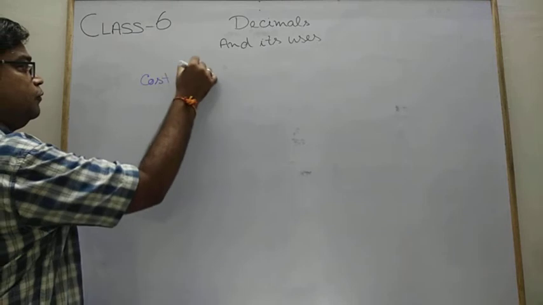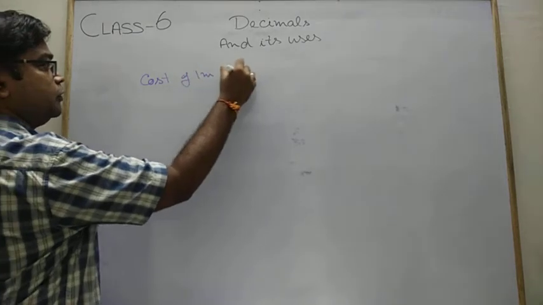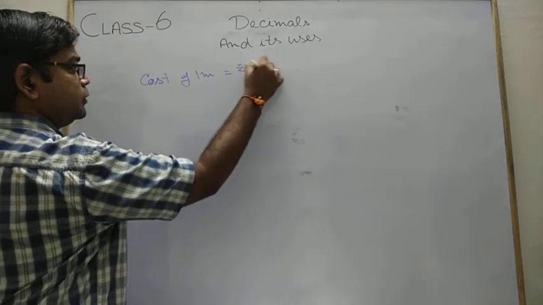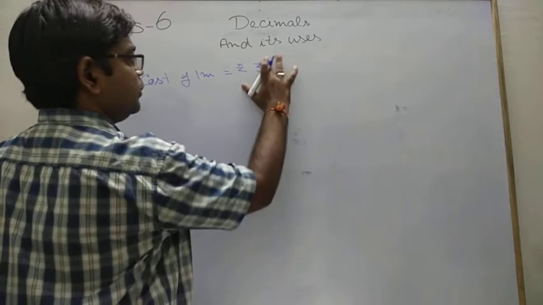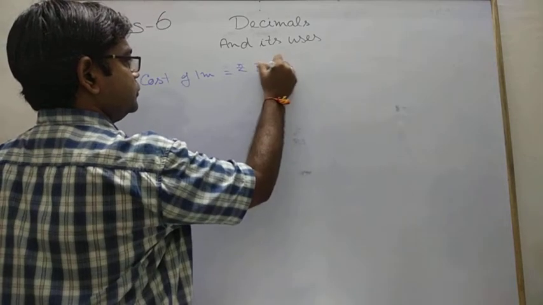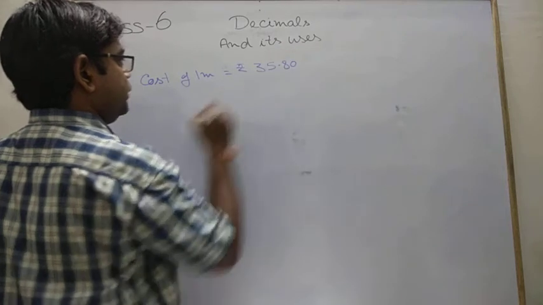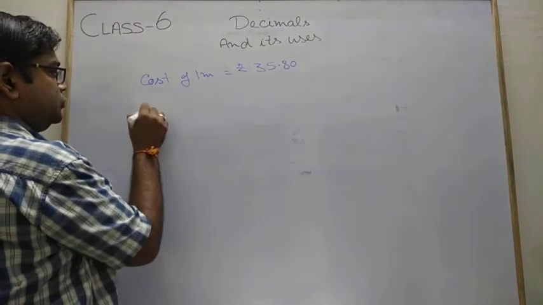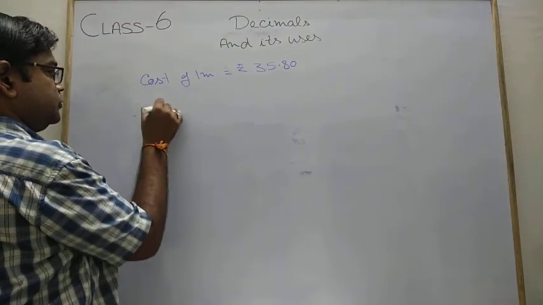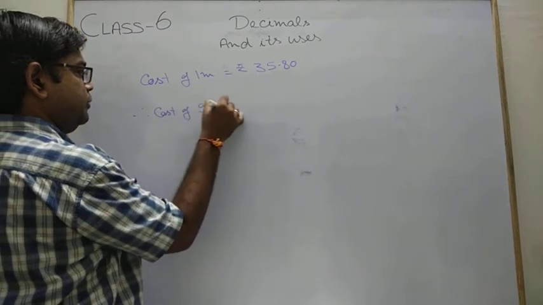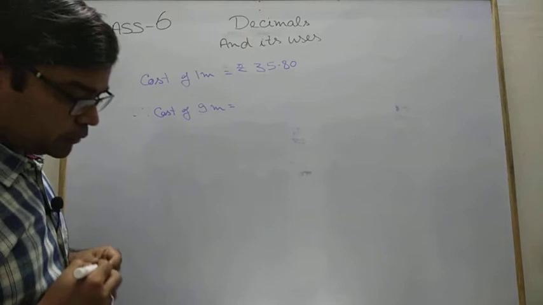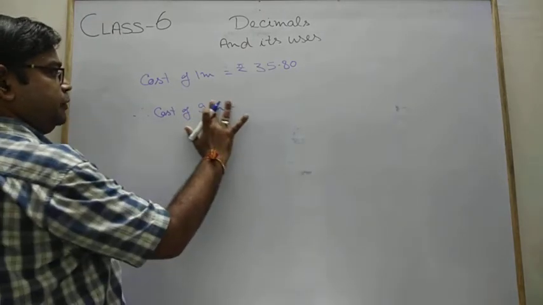Cost of 1 meter equals rupees 35.80. The question asks for the cost of 9.8 meter.